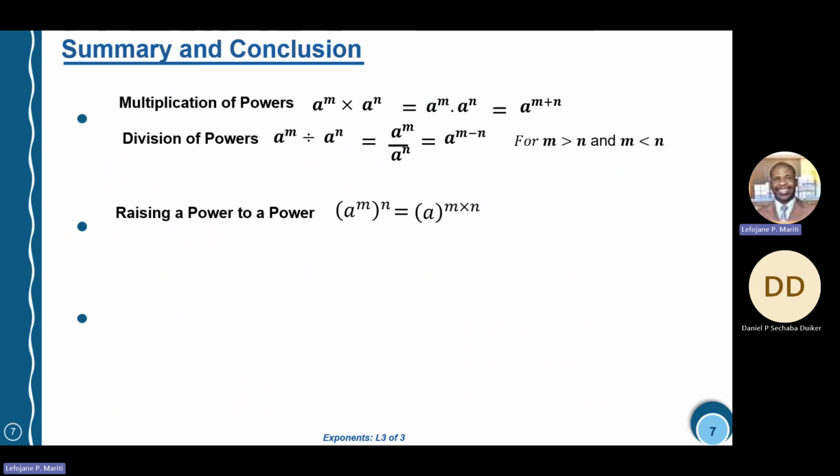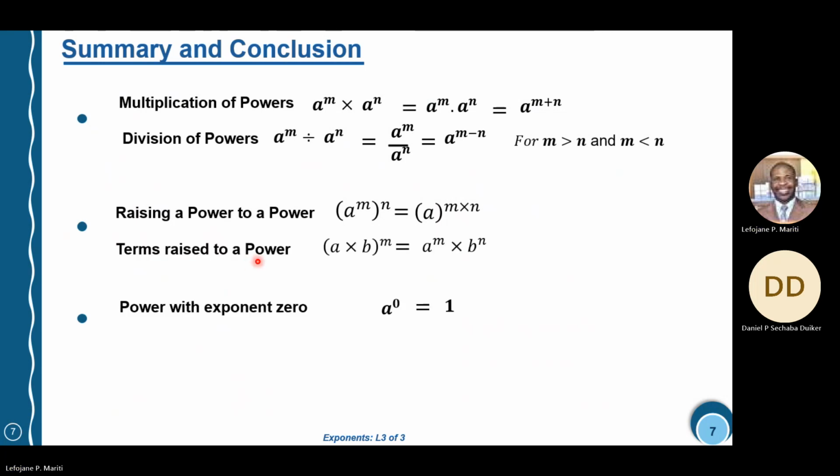And then the day before yesterday, the second lesson, we were raising powers to a power, where we kept the base and the exponents multiplied each other. We also raised a term to a power where the exponent outside the bracket had to affect every other power within the bracket.